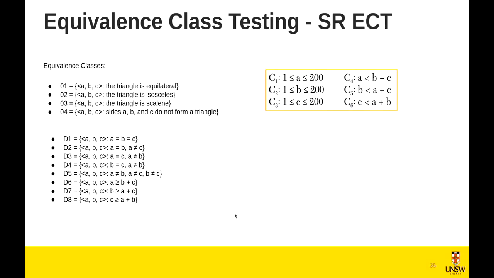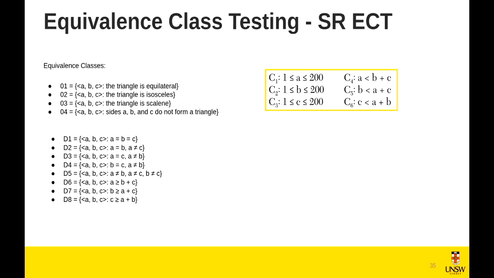So what about strong robust equivalence class testing? I won't show you the results this time. Can you imagine what the possible test cases we could have are? This time it is strong robust, which means that we allow more than 2 variables to be invalid at the same time.